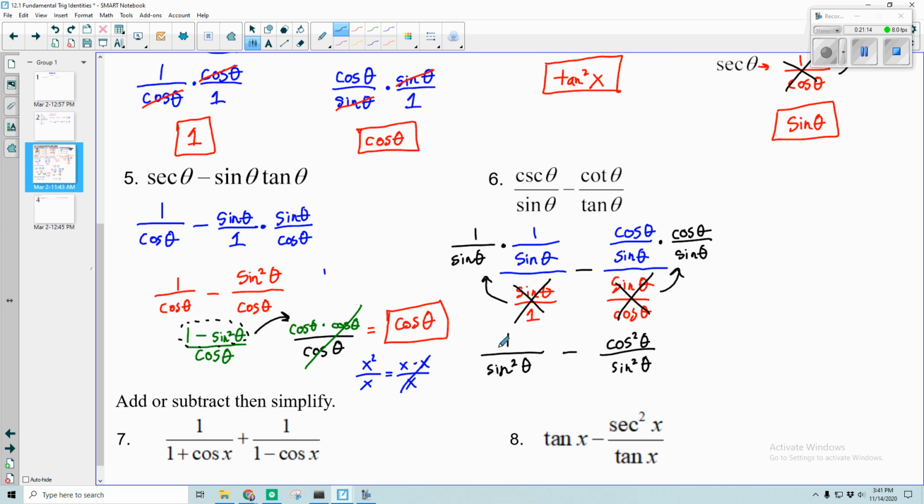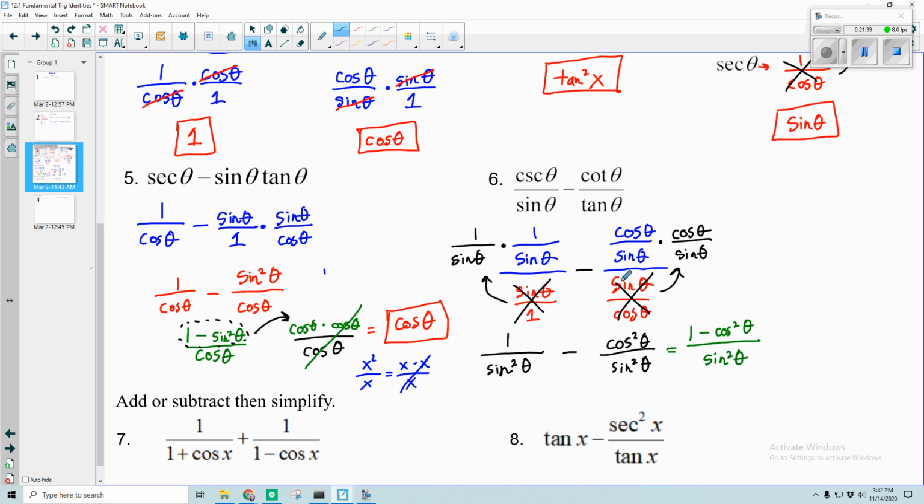All right, so now that I'm subtracting this, I check this out, and they do finally have the same denominator. So I can go ahead and subtract, because they both have a denominator of sine squared. So sine squared will be the denominator, and in the numerator, I should have 1 minus cosine squared theta.